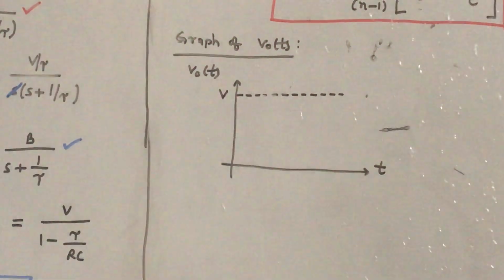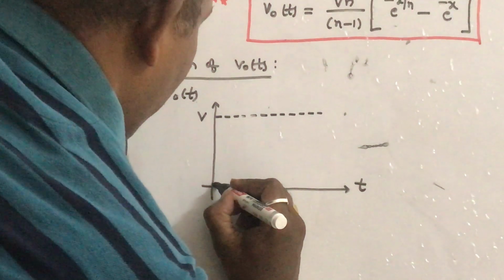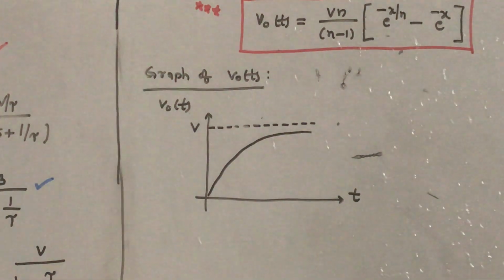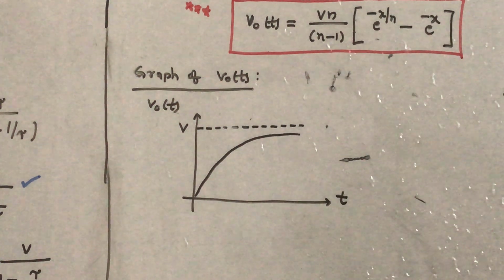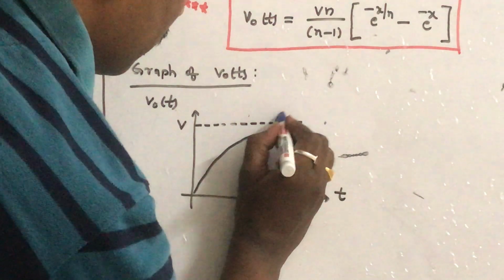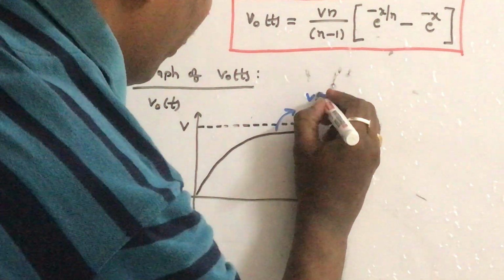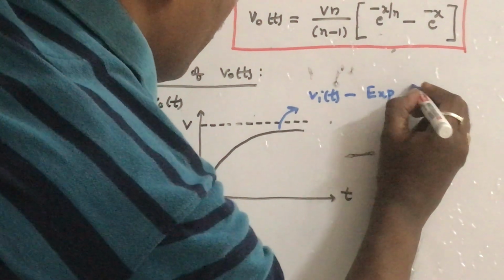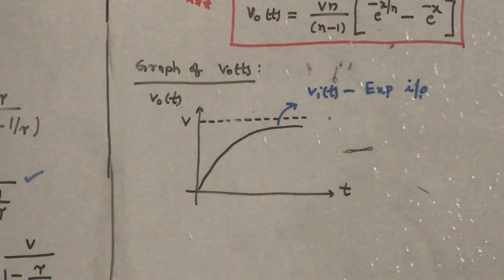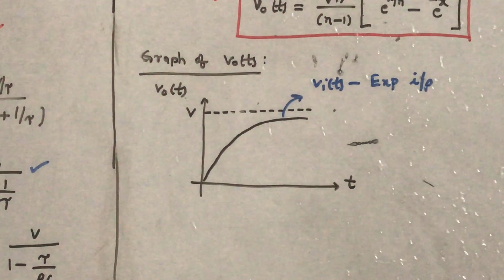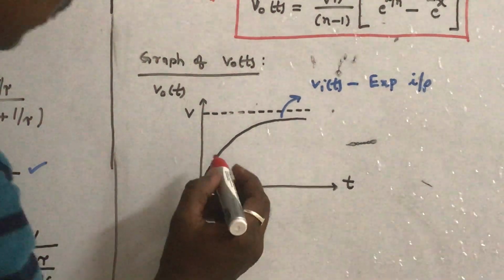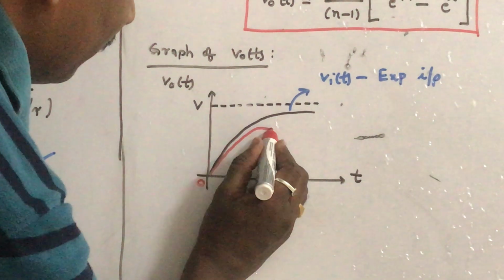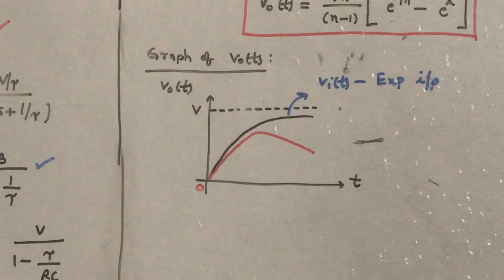So this is your exponential input, Vi of t. Now the response will be, so this is 0, the response will be something like this.